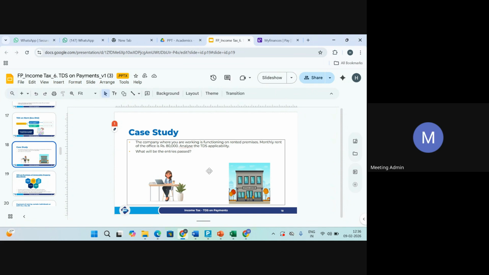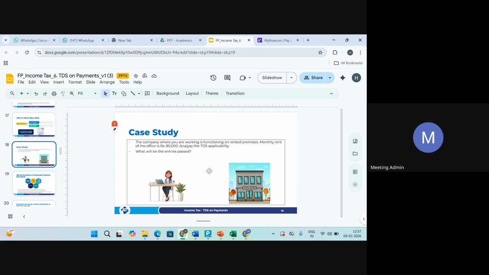Very good. You are going to pay 10%. And what will be the journal entry if it is due? And what is the journal entry if it is paid? Rent charges. Come on, guys, you have already learned this in Tally with expenses, and you have done it practically also.